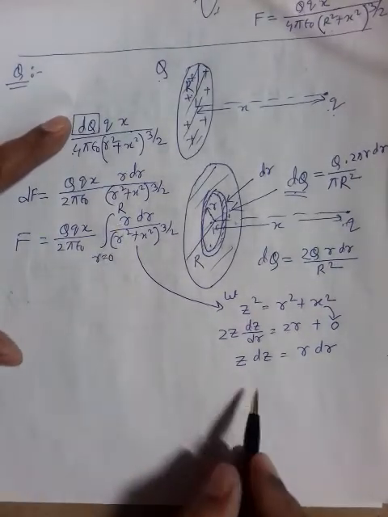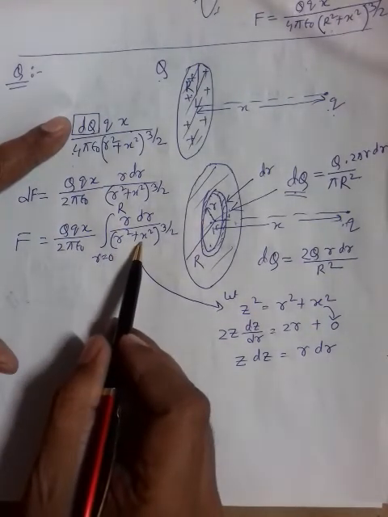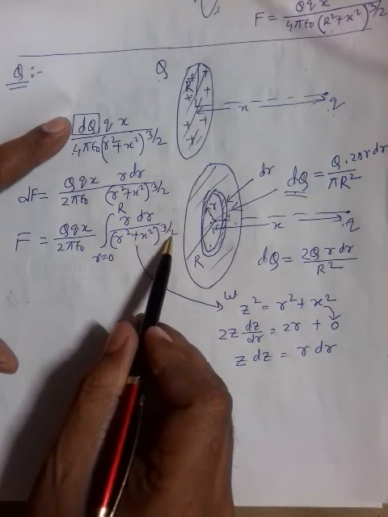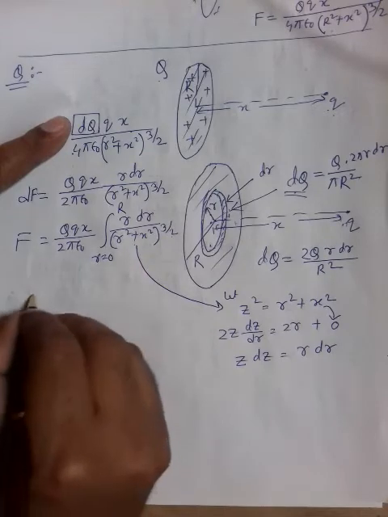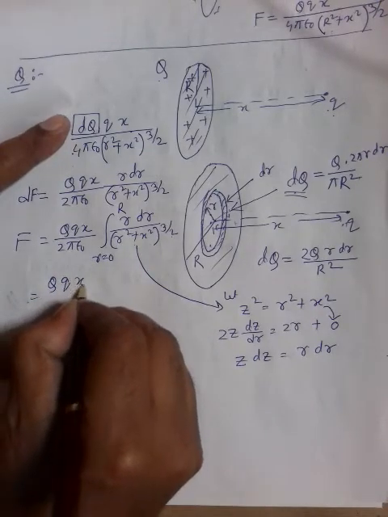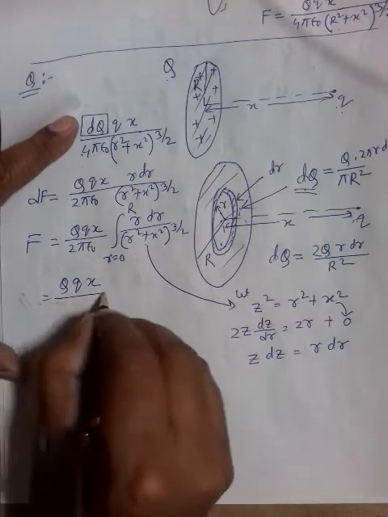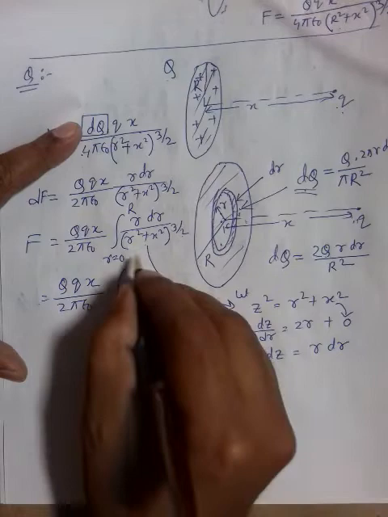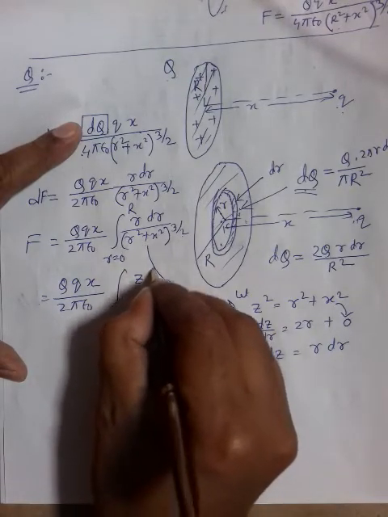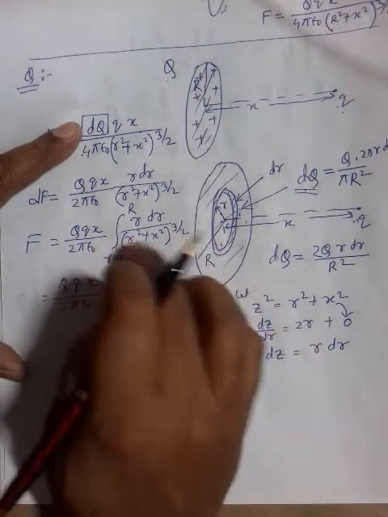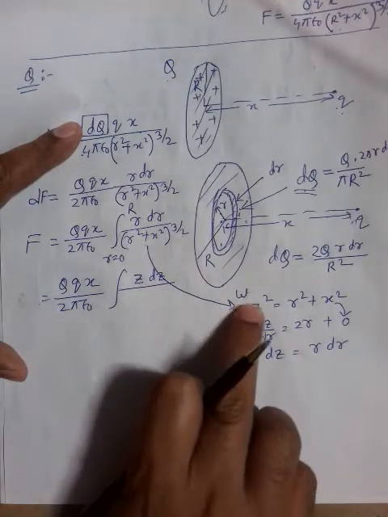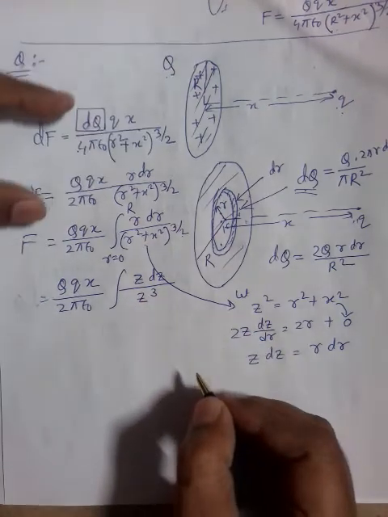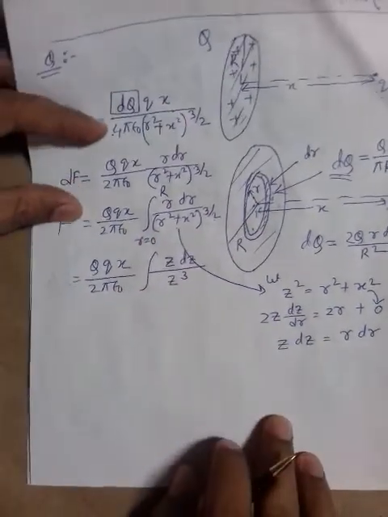Now this r into dr, I am going to write z dz. R square plus x square, if you write z square to the power 3 by 2, 2 and 3 by 2, half cancels, only 3 left. So it is capital Q small q x by twice pi epsilon naught integration of z dz divided by z cube. I am going to put the limit later on, just wait.